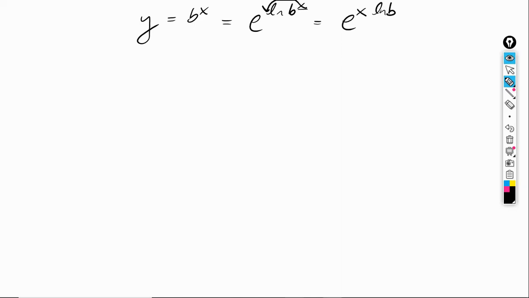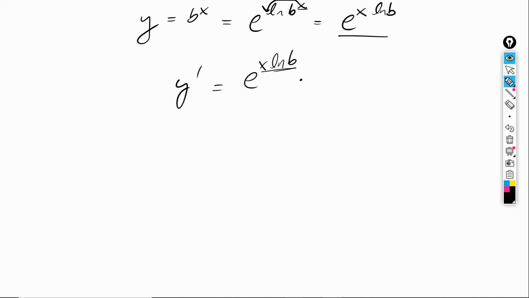So now I can apply the chain rule to this and see what we get. So what would be the derivative of y? Well, it would be the derivative of the outside. So this would stay the same, e to the x times natural logarithm of b, times the derivative of the inside. So what's the derivative of this? Well, natural logarithm of b is a number.